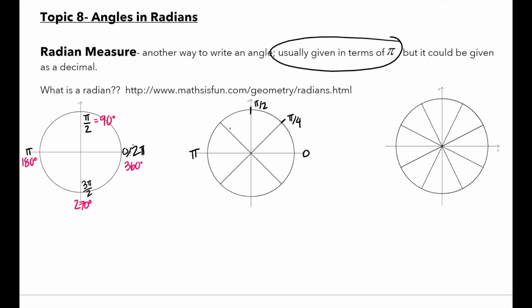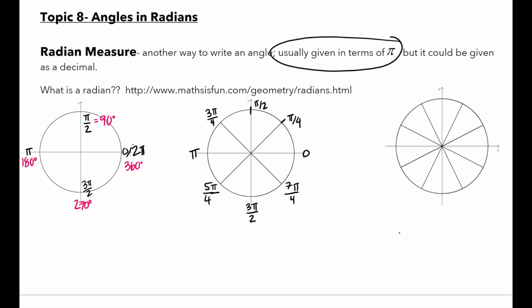But if we're counting in fourths, 3/4 of pi would be over here. Using the same system, this would be 4/4, which does become 1. This would be 5/4 of pi, or 5 pi over 4. This would be 6/4, or still 3 pi over 2. And then 7/4 of pi, or 7 pi over 4.